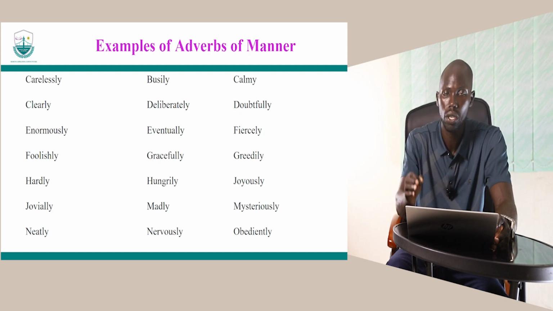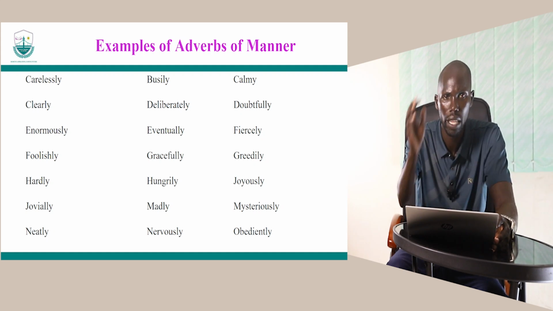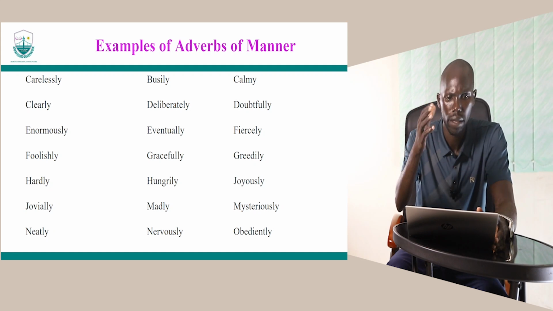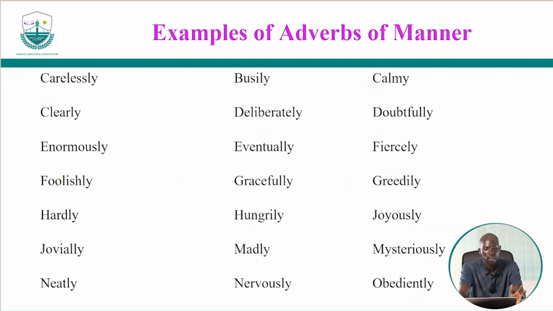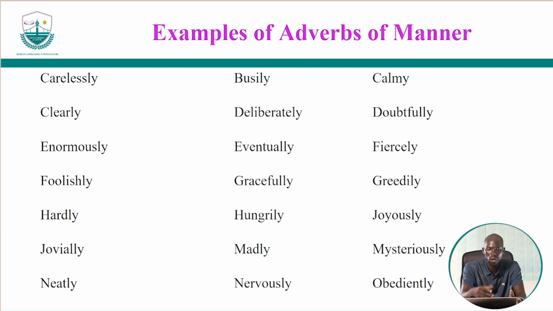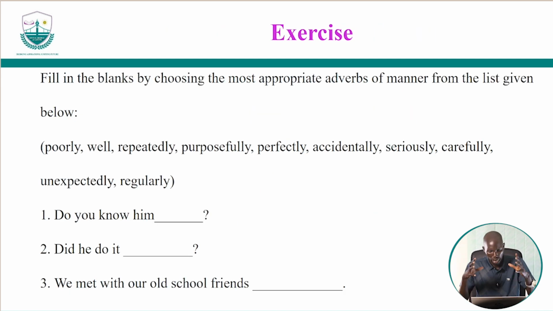They answer the question how something happens or how something occurs. And then hardly, hungrily, joyously, jovially, madly, mysteriously, neatly, nervously, obediently. The list goes on and on with many more words that are said to be adverbs of manner. Now, in addition to this understanding, the last part herein is a classwork.